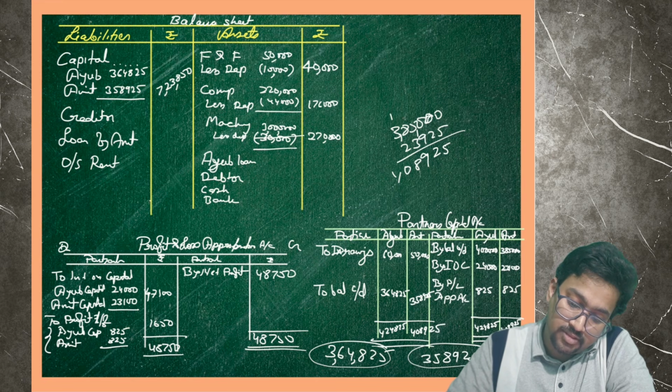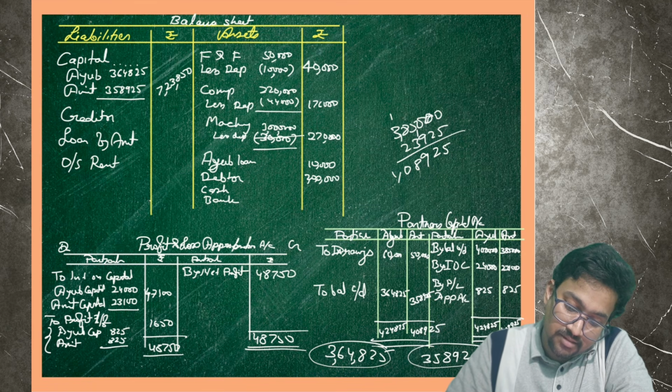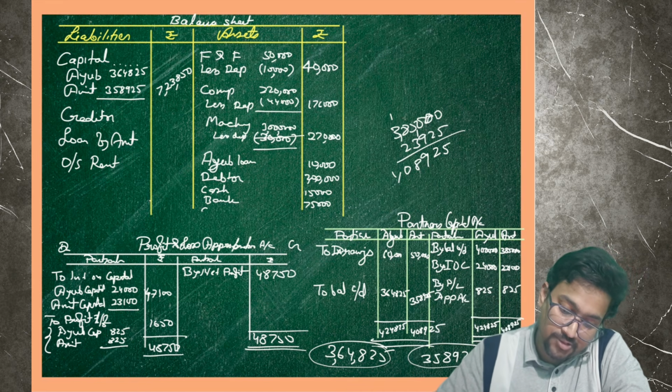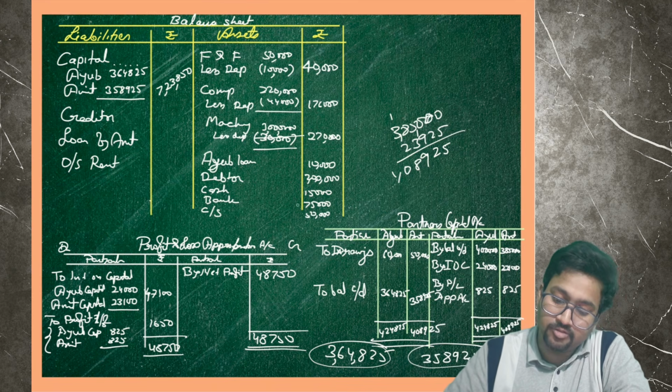The loan amount is 10,000, debtors worth 2 lakh, cash was 15,000 and bank 75,000. Anything else? Yeah, stock, closing stock worth 50,000. That also we need to write.